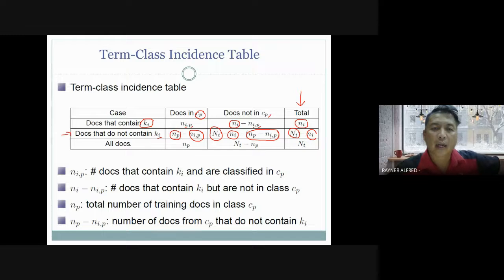Okay, and all documents. So this one is referring to all documents, and this one belongs to class P, and this does not belong to class P. That's how we interpret this one.